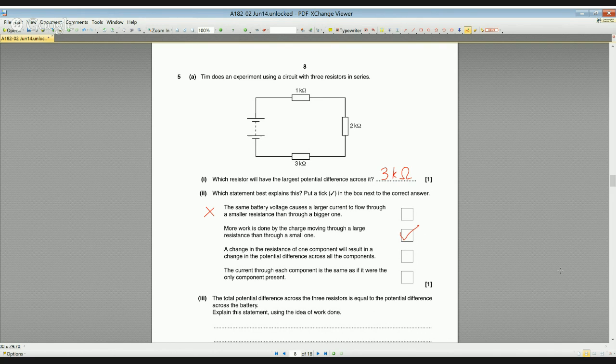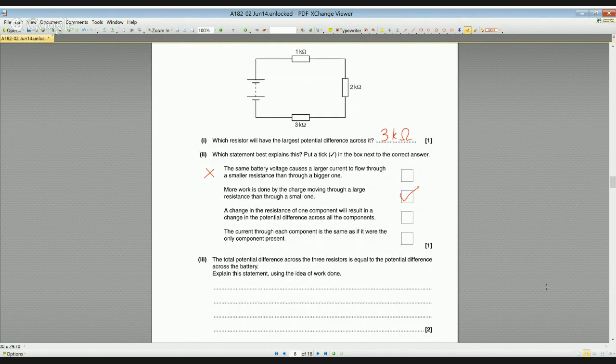The total potential difference across the 3 resistors is equal to the potential difference across the battery. Explain that statement using the idea of work done. So remember, work done is energy. It's the same in P4 when you lift something off the floor, you're doing work on it. The battery is doing work on the charges. It is giving energy to the charges.